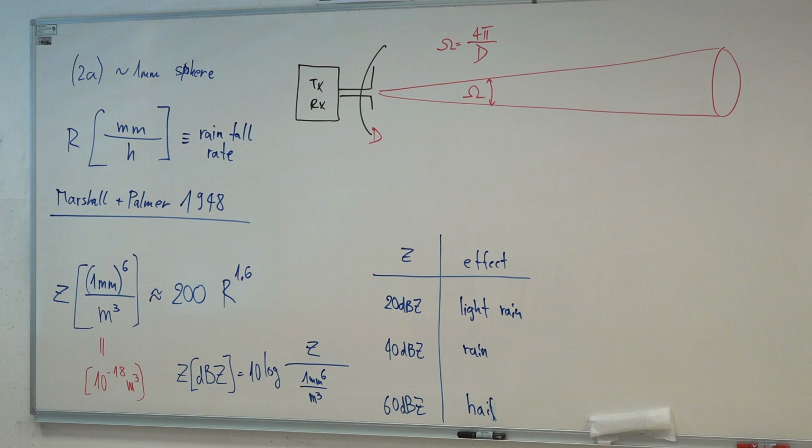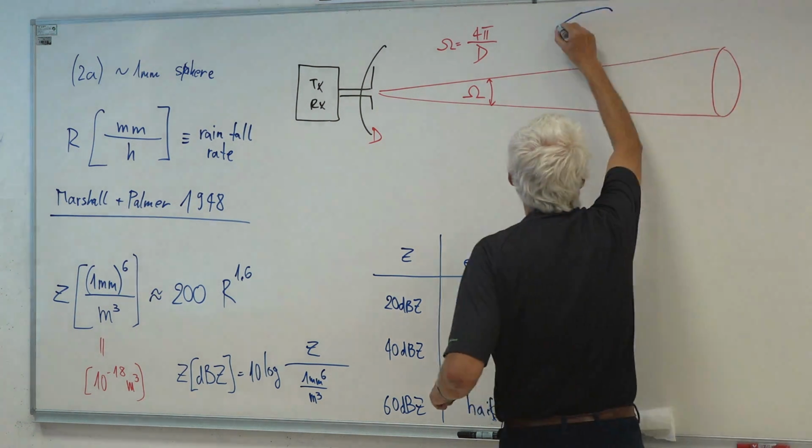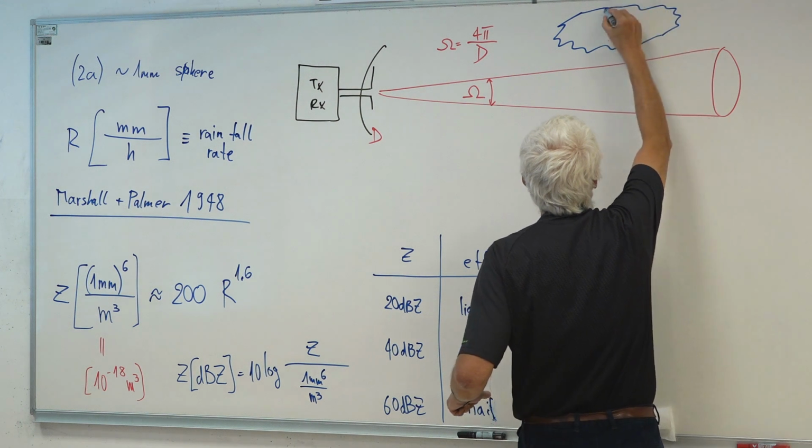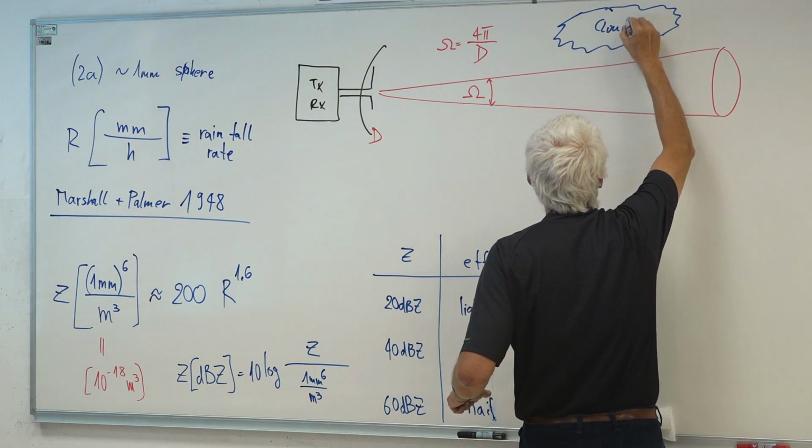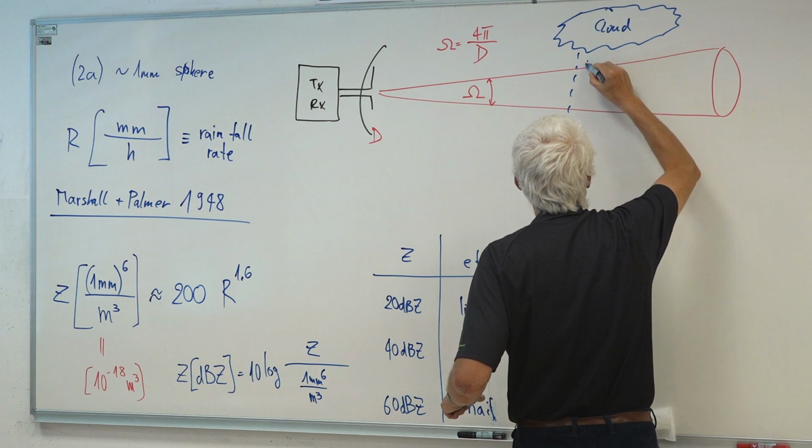So now this beam gets through a region of rainfall. Here I have a cloud, and from this cloud I have a rainfall.